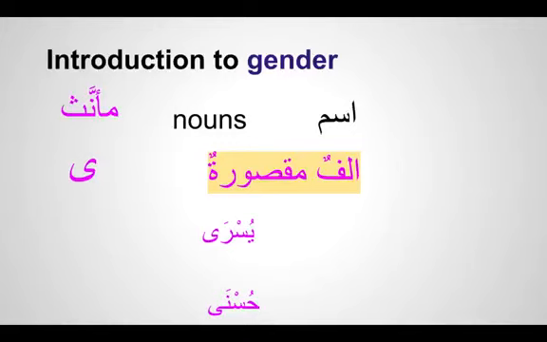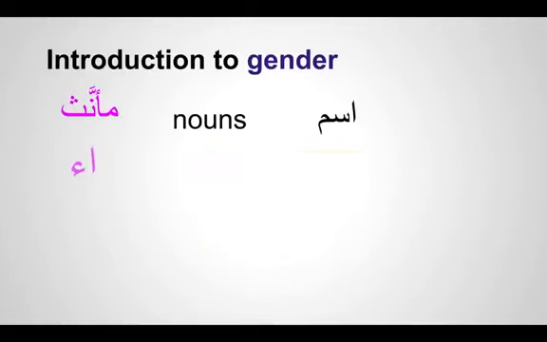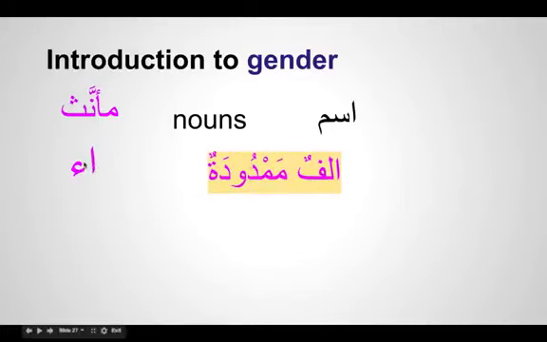So there is another way we can recognize that a word is feminine. The first way is ta marbuta. Most of the nouns, it's very easy. If you see a ta, it's feminine. The second way is Alif Maksoora. So what is the third way? It's called Alif Mamdooda. Mamdooda means that the Alif is supported by Hamza, which is madd.